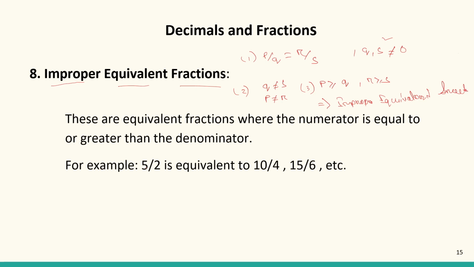For example, 5 by 2 is equivalent to 10 by 4, as 5 is not equal to 10 and 2 is not equal to 4, but 5 is greater than 2 and 10 is greater than 4, and 5 by 2 is actually equal to 10 by 4.